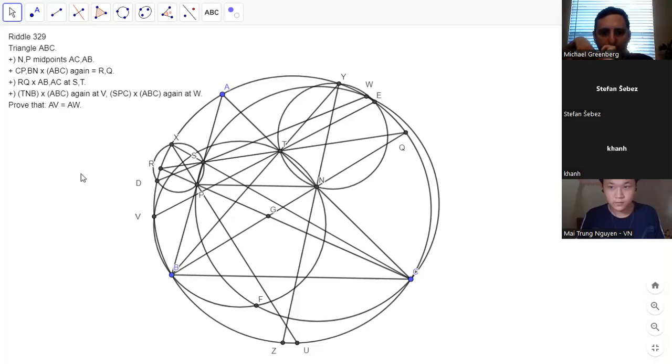That makes sense to me. And BCP is a median, PCS.